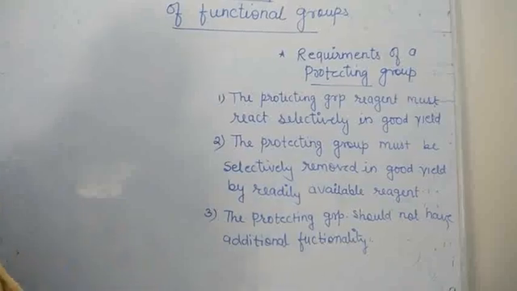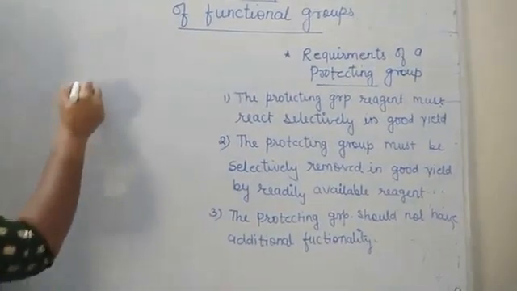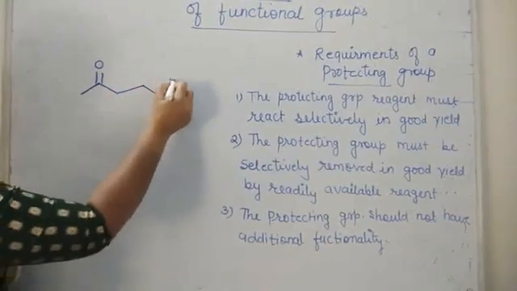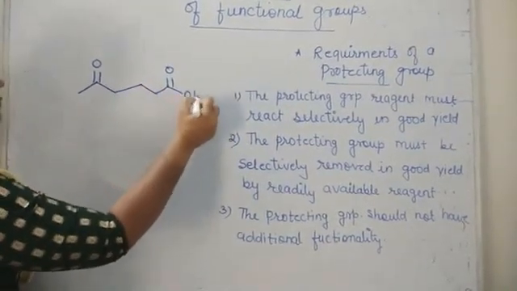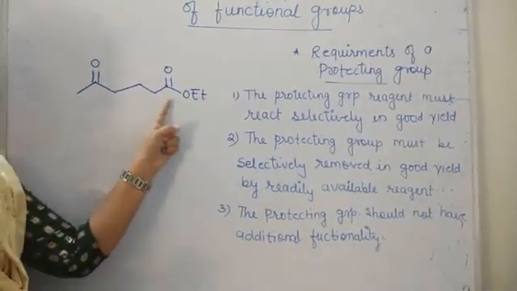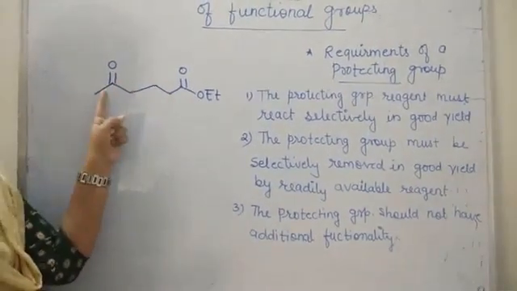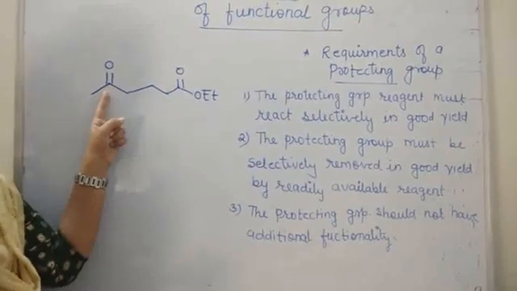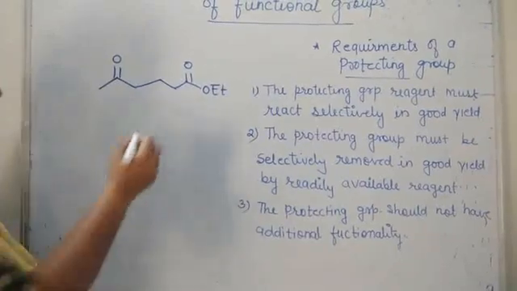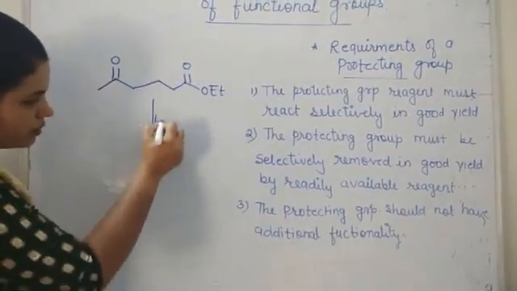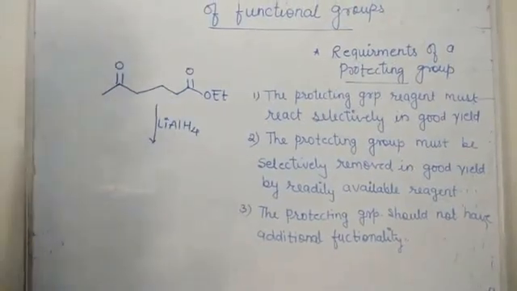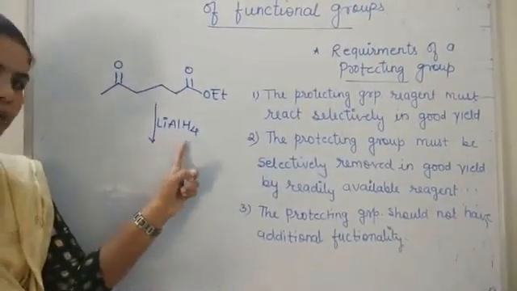Now, for example, suppose this type of multifunctional compound is there. This compound contains two functional groups. One is an ester and the other is this carbonyl keto group. Now, suppose this compound is treated with LiAlH4, that means lithium aluminum hydride.